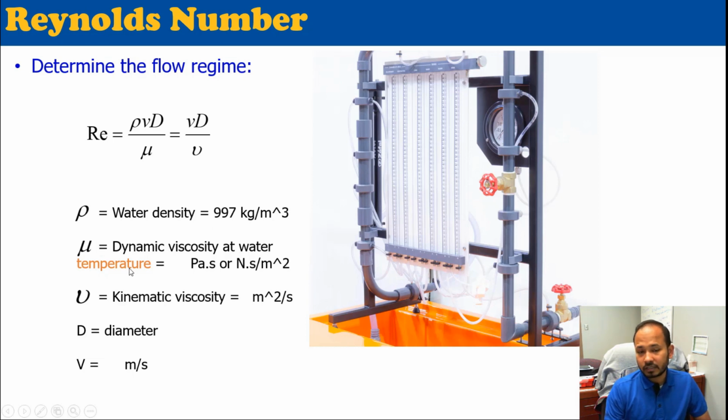If we take the water temperature, we can find μ, and then we can also find the kinematic viscosity. The diameter is given for the pipes, and for velocity we can collect the water and divide it by the cross-sectional area, so we can find the Reynolds number. The Reynolds number for this lab will be used to determine whether your flow was turbulent or laminar.